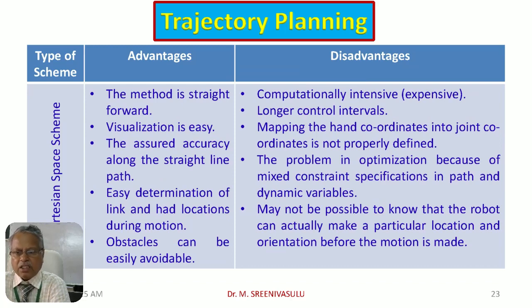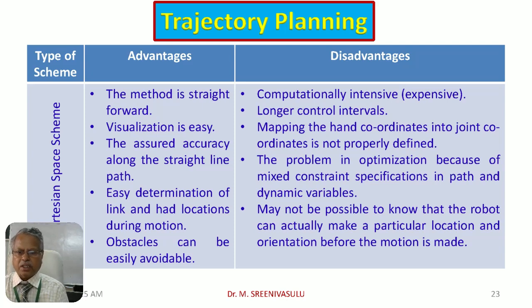That doesn't mean that Cartesian space has so many advantages. It is computationally intensive because of the large number of controls, so control intervals should be more and more. And since you have an idea of the hand coordinates, and that has to be mapped into joint space many times, that adds to the load.